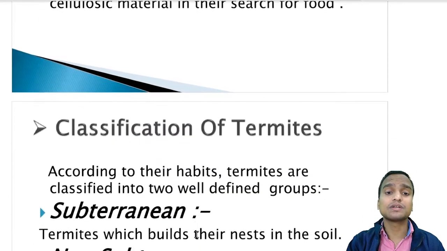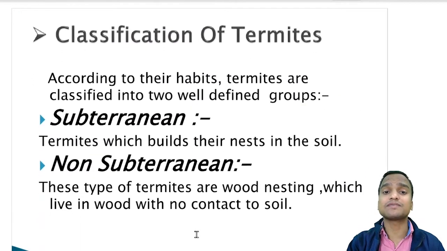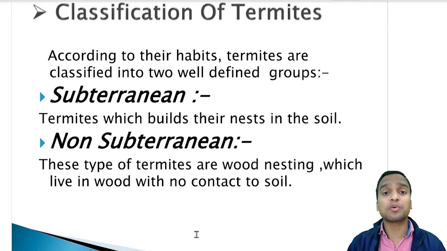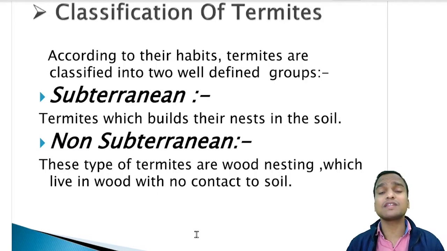Okay. We have discussed the classification of termites, and according to their habits, termites are classified into two well-defined groups. The very first is the subterranean category of termites, who build their nests in the subsoil beneath the structure.